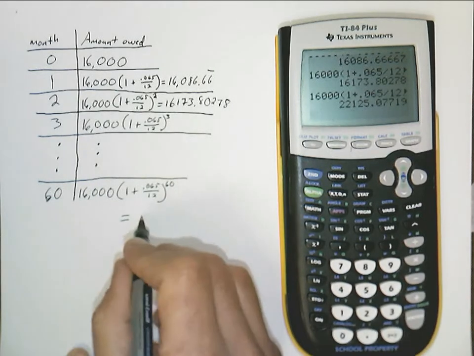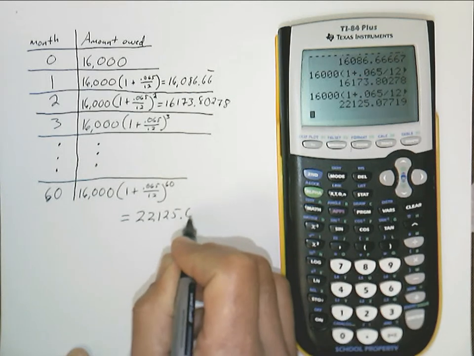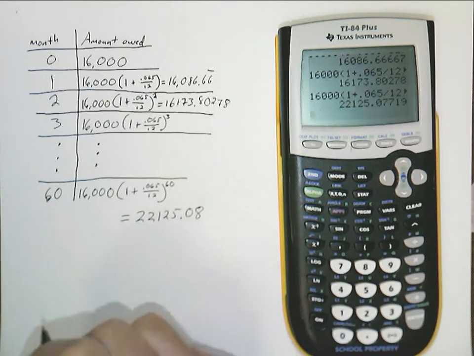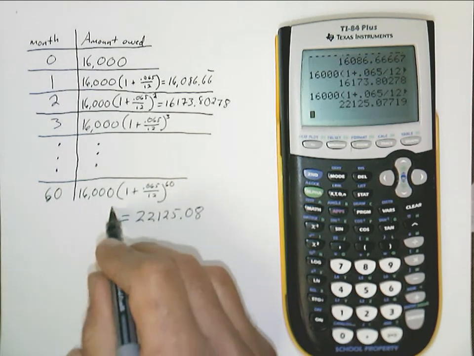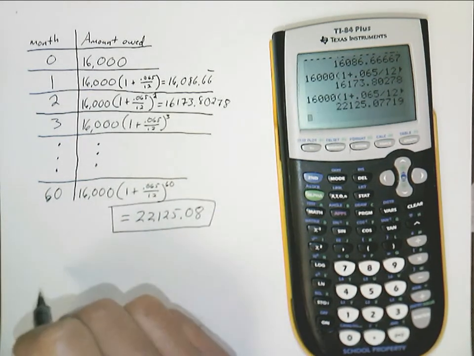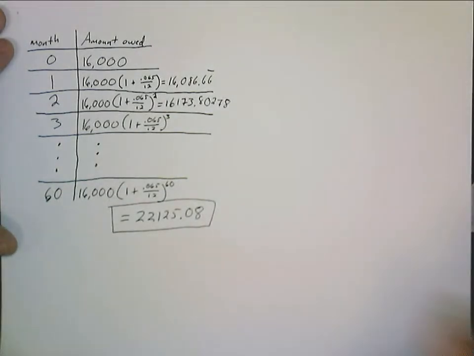And so this is 22,125.08, rounded off there. So that's the amount that we're going to have to pay back. But that leads us to the actual formula for compound interest.